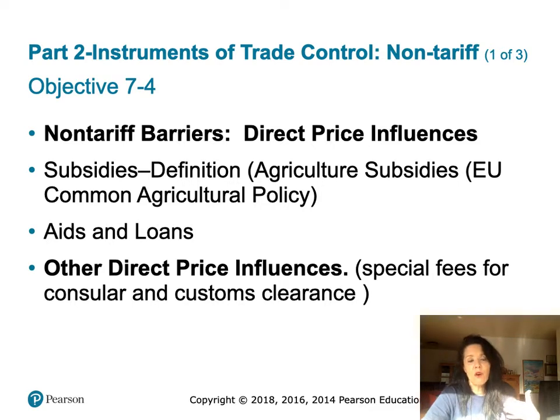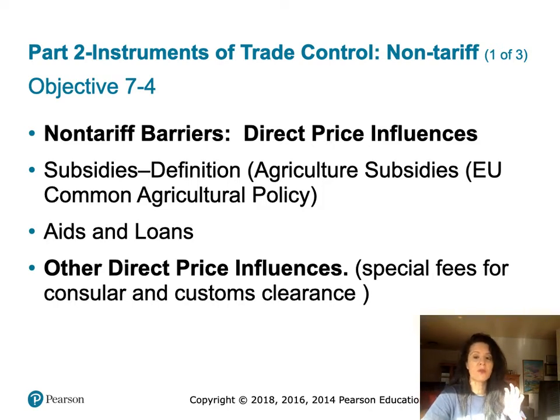And then the second form of non-tariff barrier is aid and loans. Okay? Governments may give aid and loans to other countries, but require that the recipient country spend the funds in the donor country. So here, in the case of aid and loans, we're not talking about loans given to companies or firms.